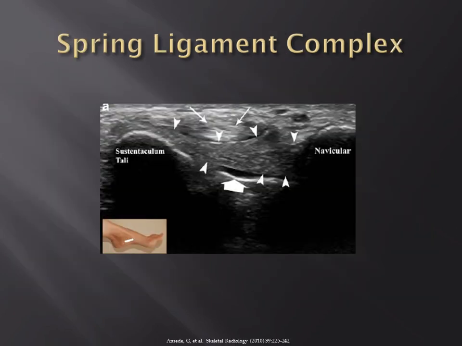In this case, you can actually see the superior medial oblique bundle of the spring ligament complex extending from the sustentaculum to the navicular, as demonstrated by the arrowheads. More superficial to that, demonstrated by the arrows, is the posterior tibial tendon. I'm assuming that I have not seen the tibial slip, but I'm sure that you could see that as well.